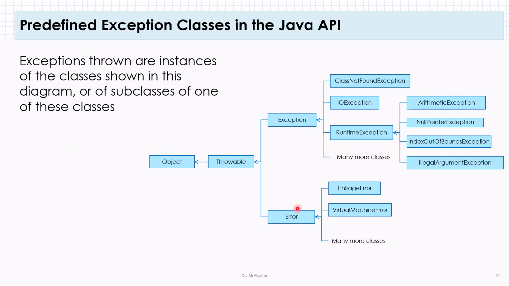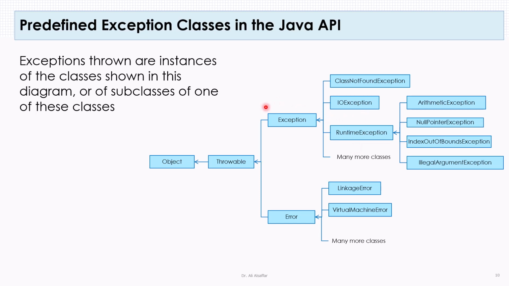Two of these subclasses, in fact, are the input-output exception and runtime exception classes. The input-output exception class serves as a superclass for exceptions that are related to input and output operations. And the runtime exception class serves as a superclass for exceptions that result from programmer errors, such as an out-of-bound array subscript.